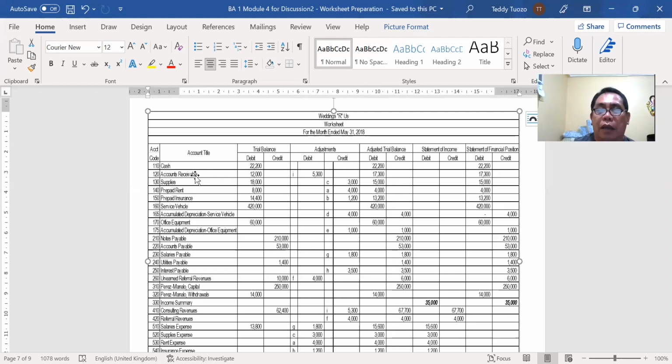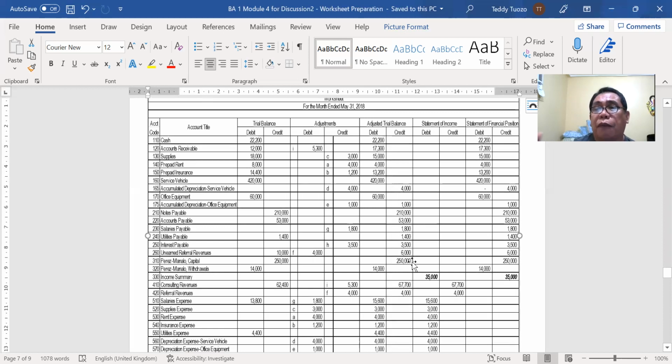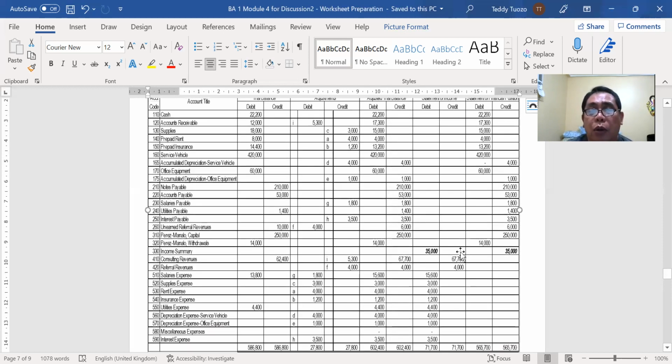Of course, remember that the income summary is also an income account. The net income is transferred to the capital account at the end of the accounting period, so you would be able to determine that through the preparation of the closing entries. Again, we have finished from consulting revenue down to interest expense.